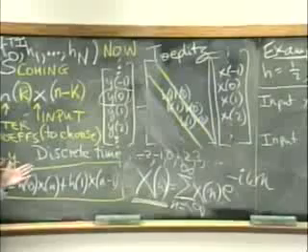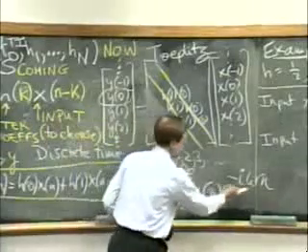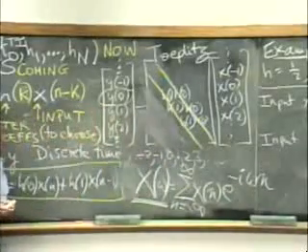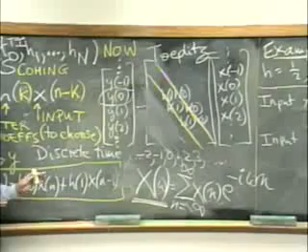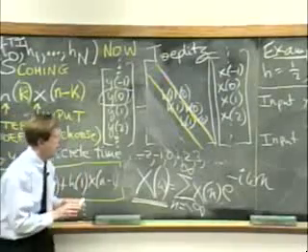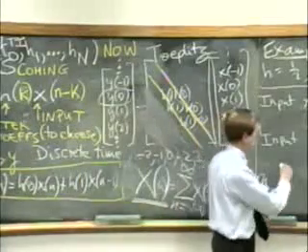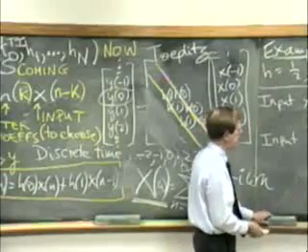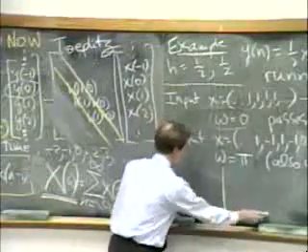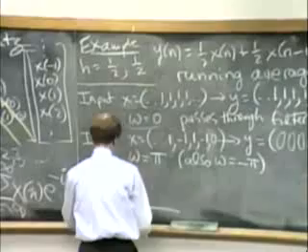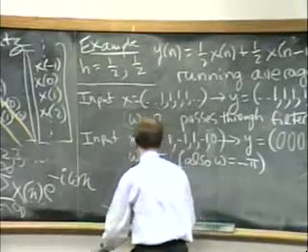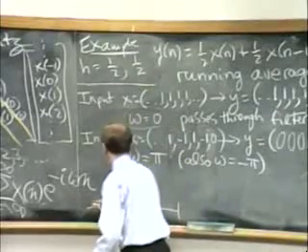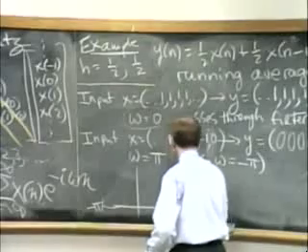Well, this thing has period 2 pi. So it's normal to take the range of frequencies to be minus pi to pi. So let me do that. It makes the figures nicer if I go from minus pi to pi.